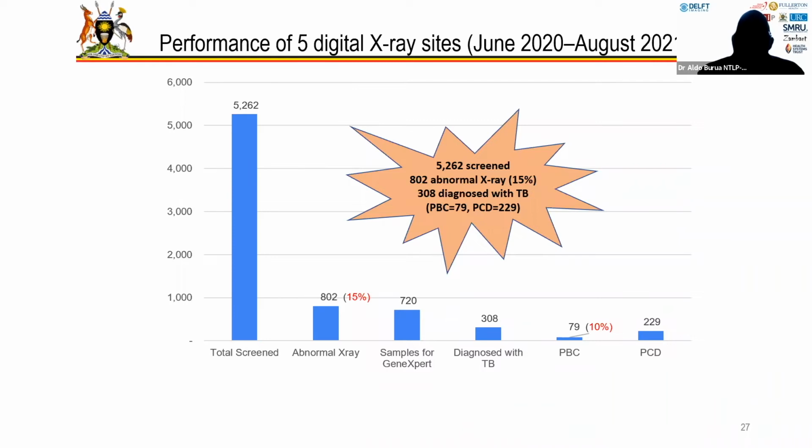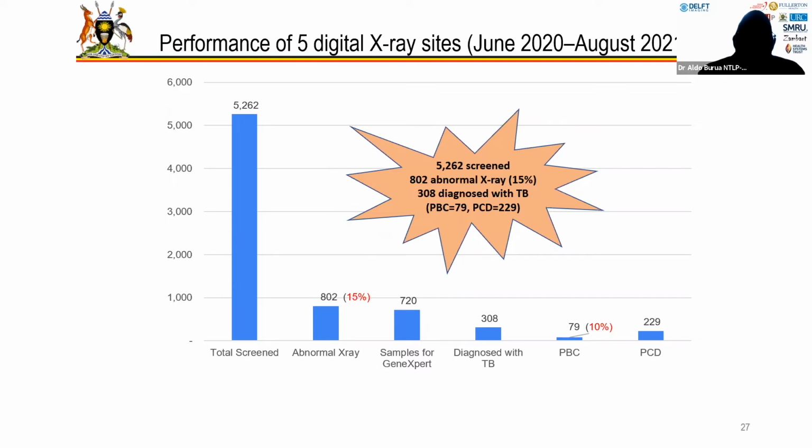Out of these people screened, 802 had abnormal chest X-rays suggestive of TB, which is 15% of the total who were screened. And 300 TB cases were diagnosed. But out of these 300, those who were bacteriologically confirmed were 79, while those who were clinically diagnosed were 229. This data is for both health facility screening and community level screening.